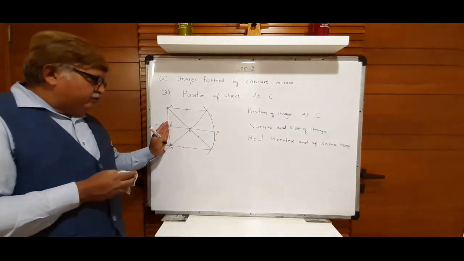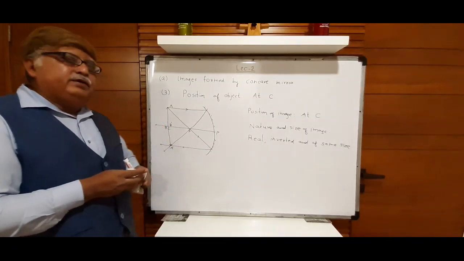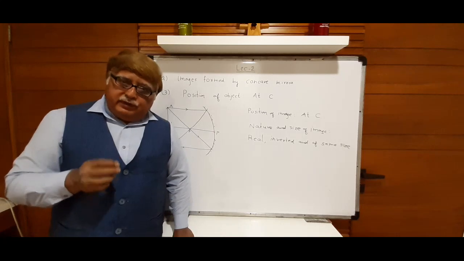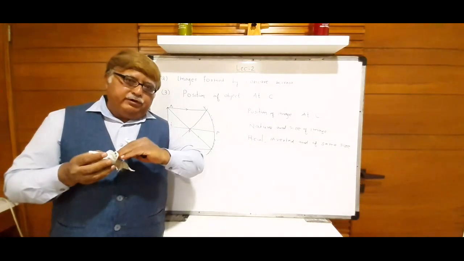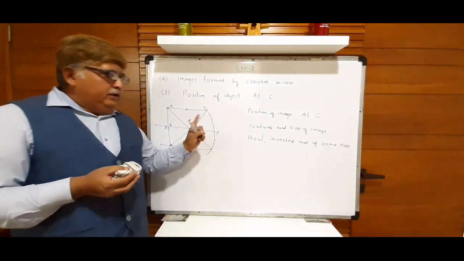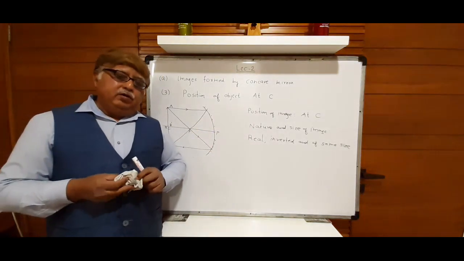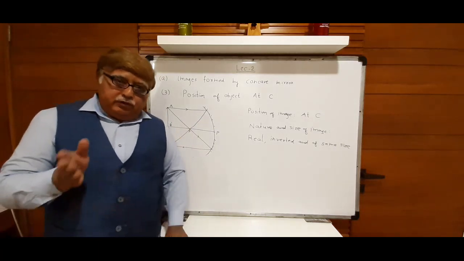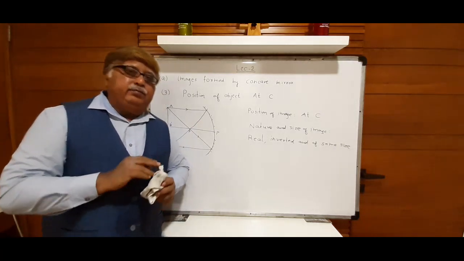When the object was away from center of curvature, the image was real, inverted and smaller. Means from point-like, it grows a little bigger, and then here the image is real, inverted and of same size when the object was kept at center of curvature. So the image grows bigger and bigger.